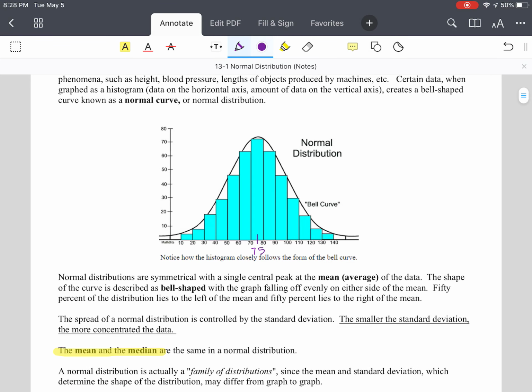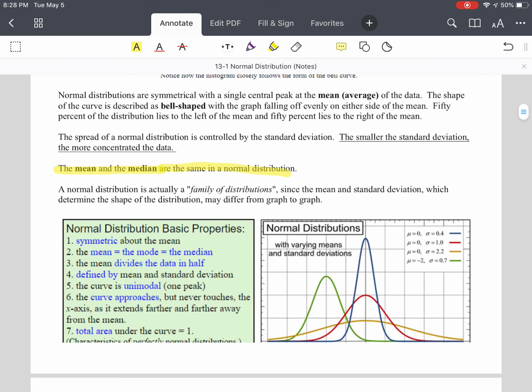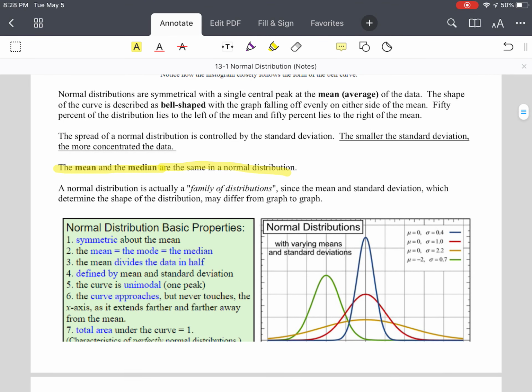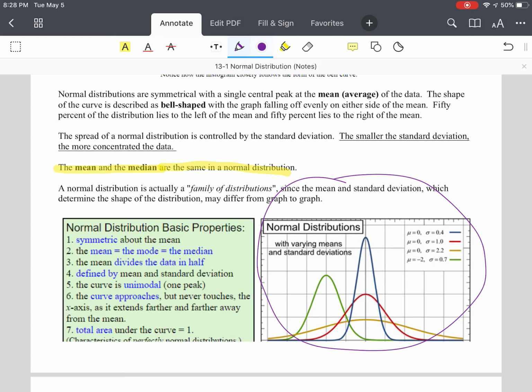Okay. The mean and the median are the same in a normal distribution. So in the example above with the scores, 75 would be both the mean and the median. And we sometimes say that the normal distribution is a family of distributions because all normal distribution curves can look a little different. See, we have all the ones I just circled.